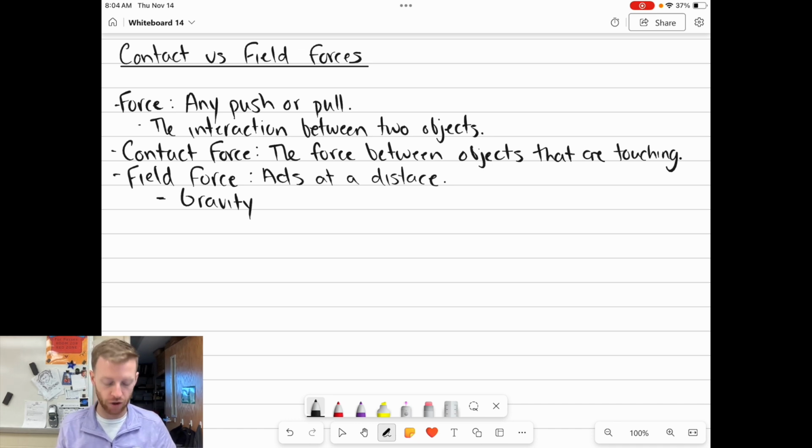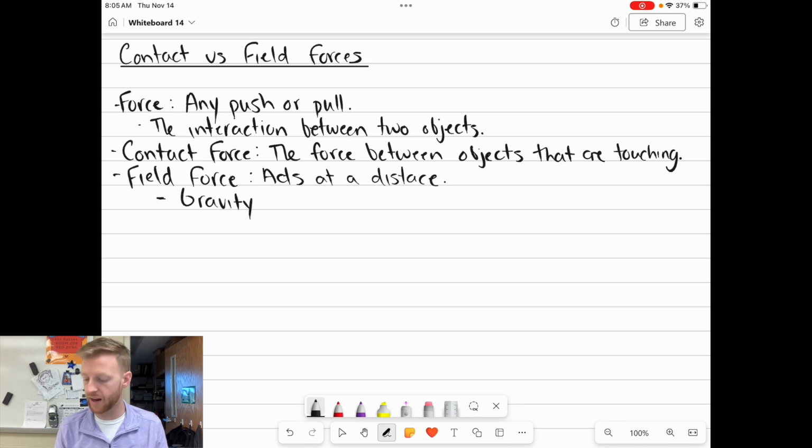Because you'll come back down to earth, you know that gravity acts even if you get away from the planet. So, gravity is the main thing. There are also the electrostatic force and the electromagnetic force that we would talk about, but we don't cover those in these courses unless we get to bonus units at the end. So that's contact and field. Am I touching, am I not, and am I being pushed or pulled?